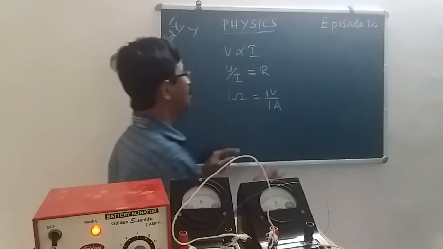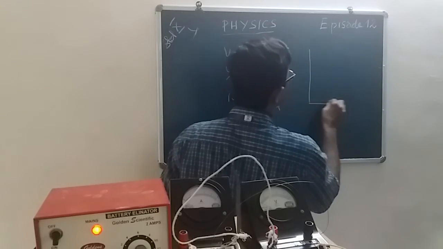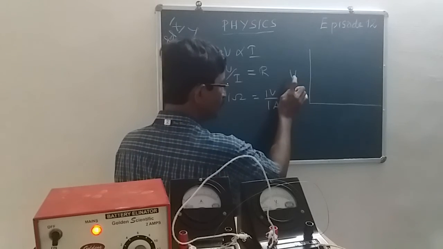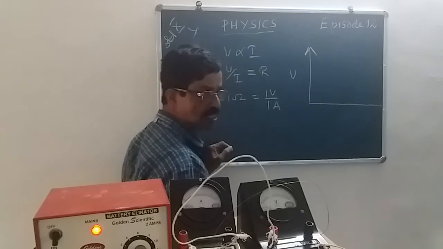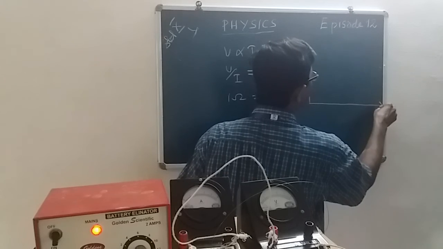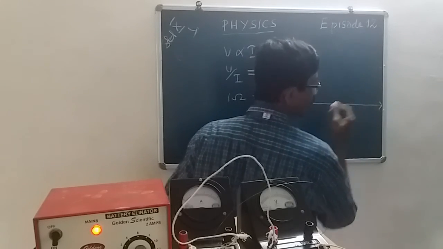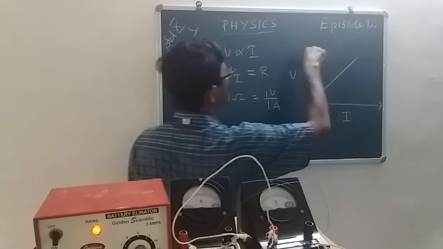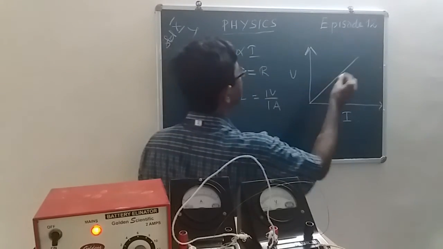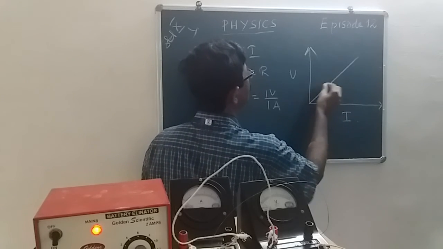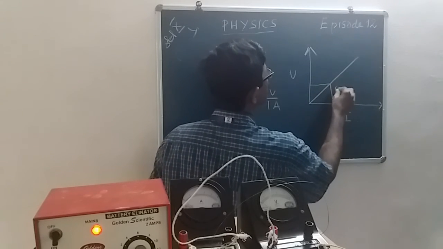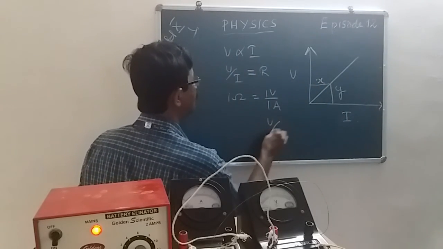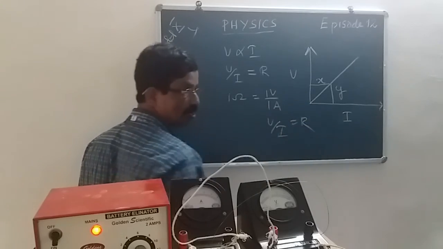Then a very important one is the graph of Ohm's law. Here V is along the y-axis, that means potential difference along the y-axis, and current along the x-axis, and the graph is a straight line. From this graph, if we take the slope, taking this y value and this x value, V by I, that is also equal to R.